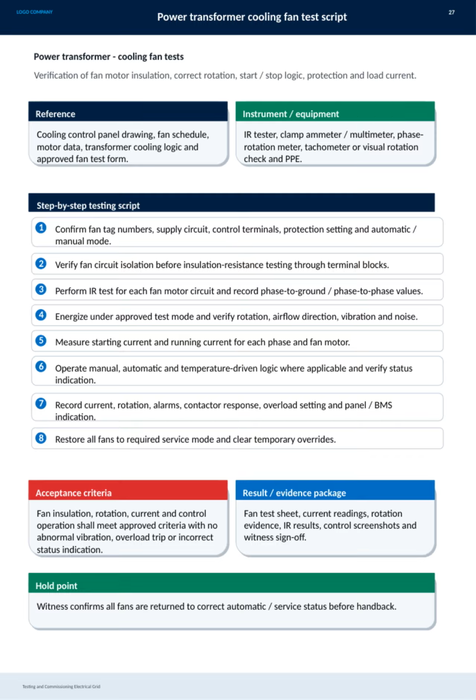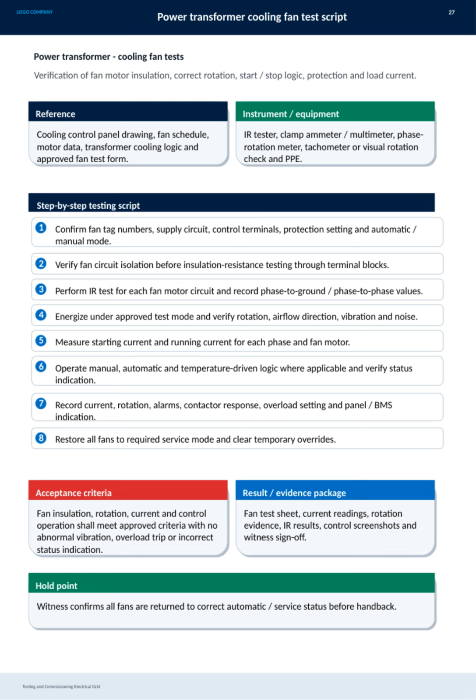The test procedure follows a detailed step-by-step script. First, we confirm all fan tag numbers, supply circuits, control terminals, and settings. Next, we ensure the fan circuits are isolated before performing insulation resistance tests phase to ground and phase to phase. Then, we energize the fans in approved test modes to check rotation, airflow, vibration, and noise levels.